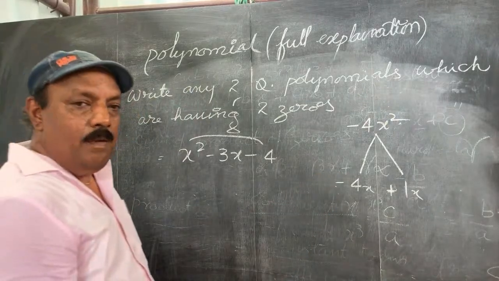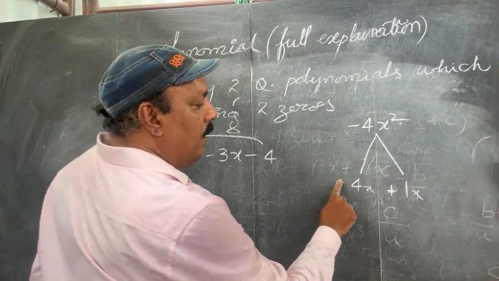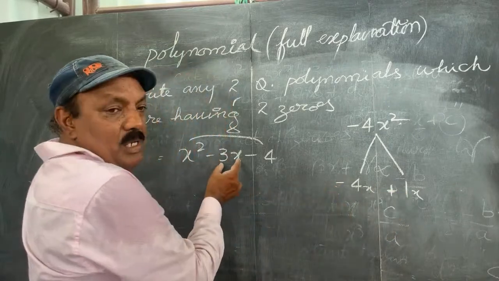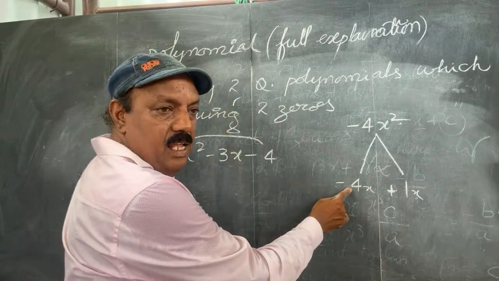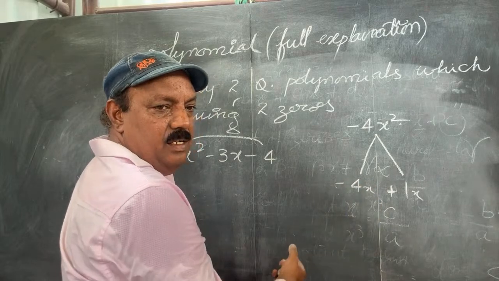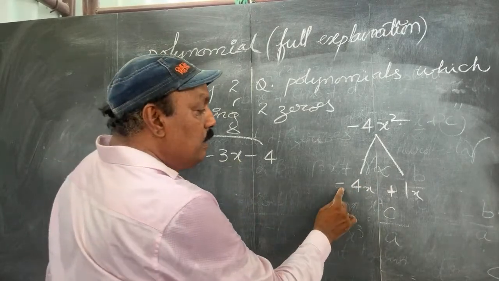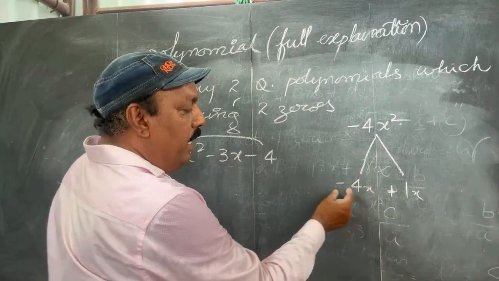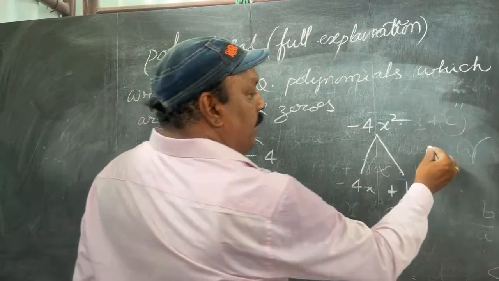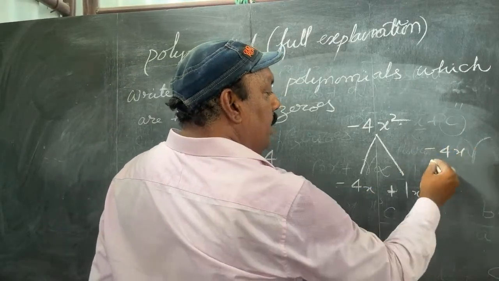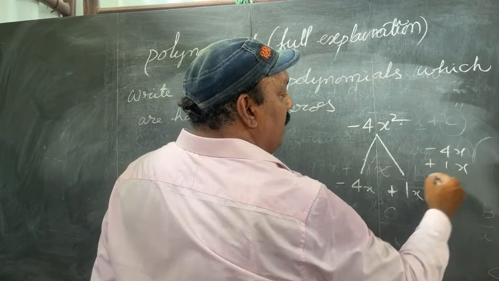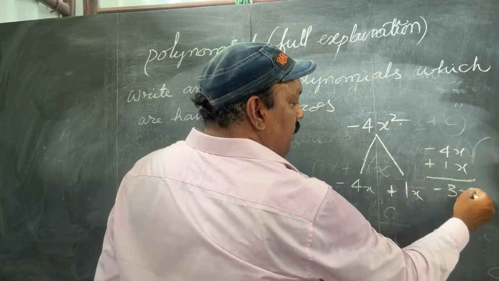But in the meantime, by subtracting and adding, the middle term should come. From minus 4x plus 1x, what will come? Minus 3x will come. Am I correct?